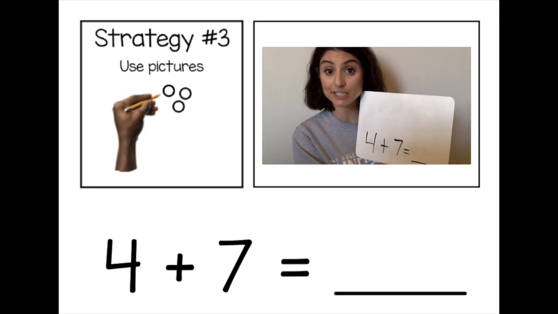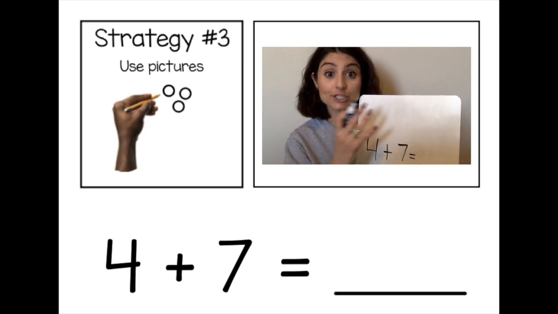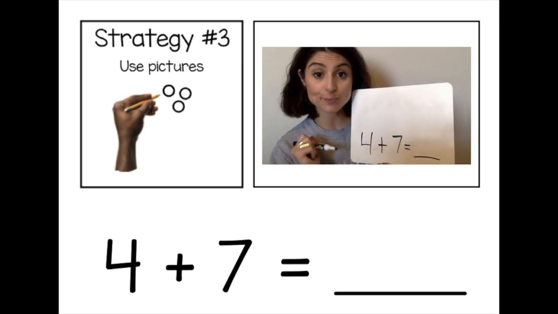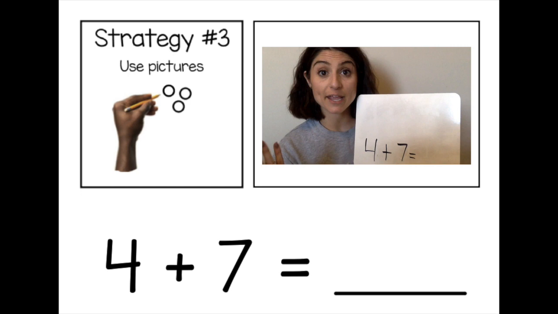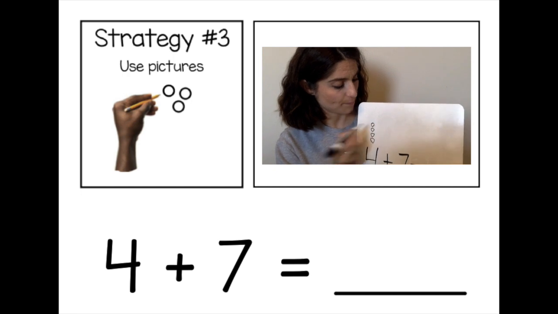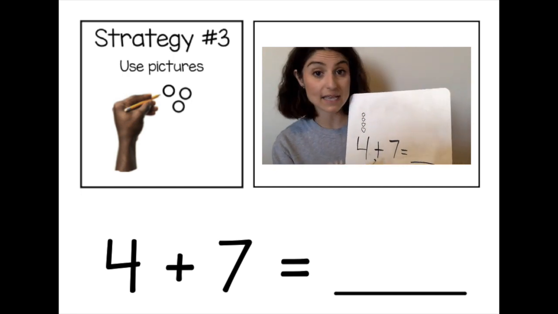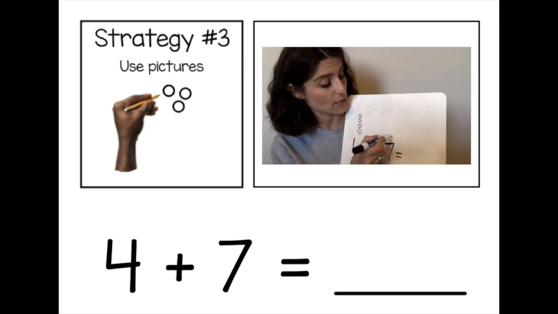Now, since the strategy we're using is use pictures, let's use a picture to show this equation. The first partner is 4, so let's make 4 circles. And the second partner, the second add-in, is a 7, so let's make 7 circles.